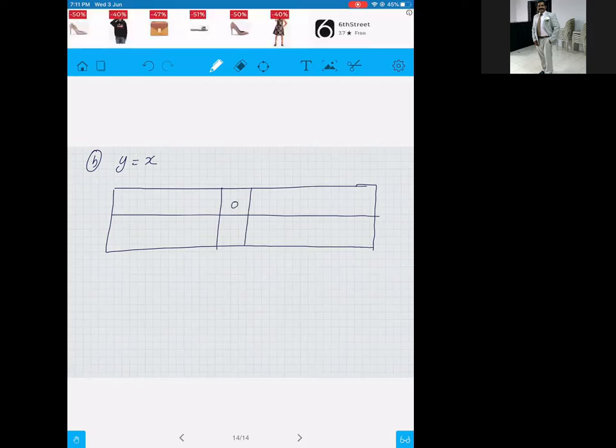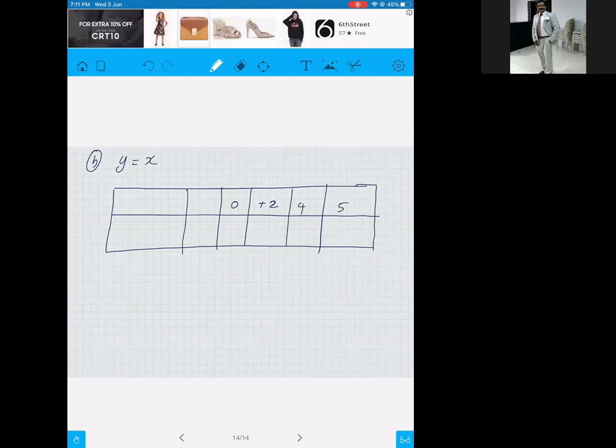So 0, then arbitrary values 2, 4, and 5, and then -3, -7, and -8. These are the values of x.